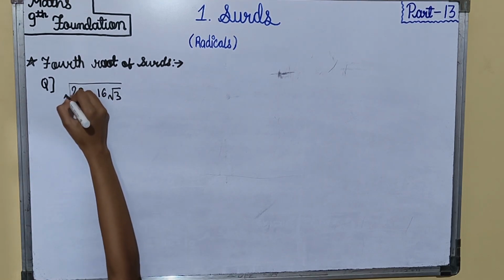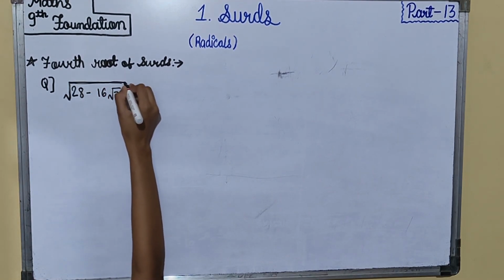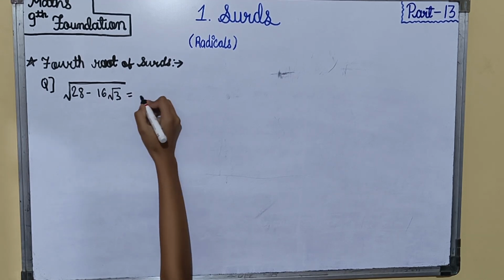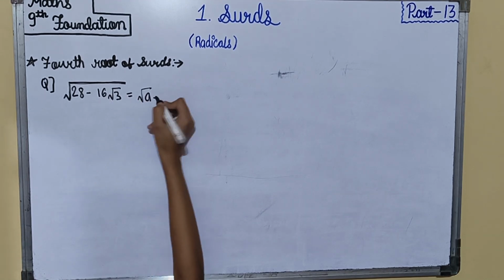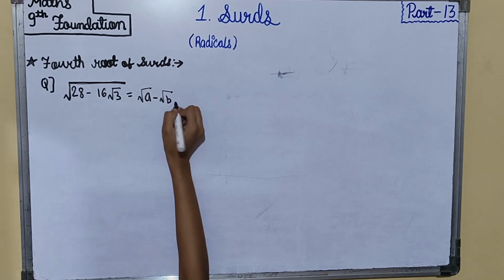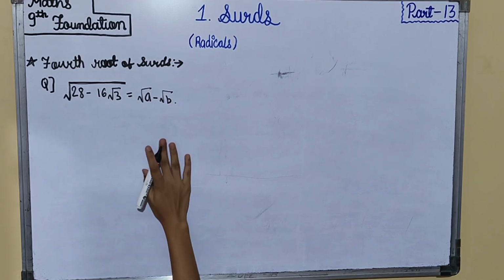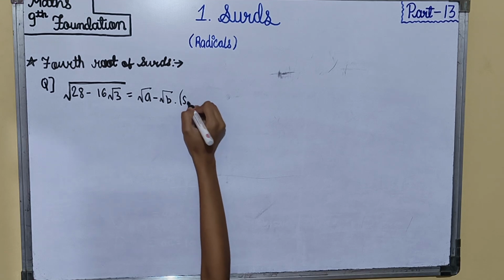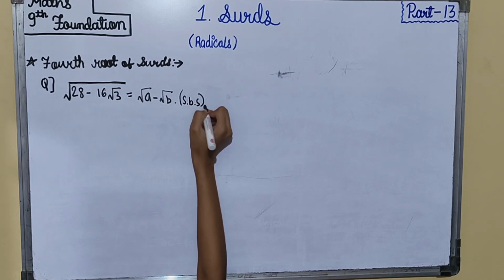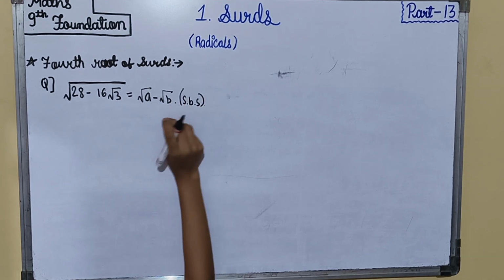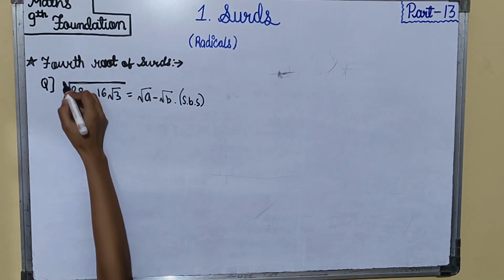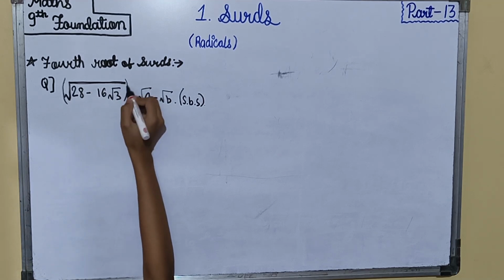So first we'll find the square root of this number. As the negative sign is there in between, our formula will be root a minus root b. Like this. Now we'll square both sides. I'm writing this in short because the space is less, so you have to solve in detail.